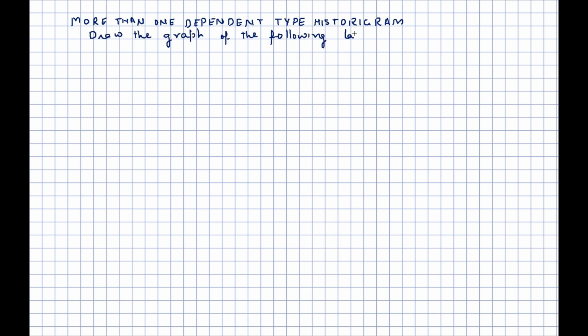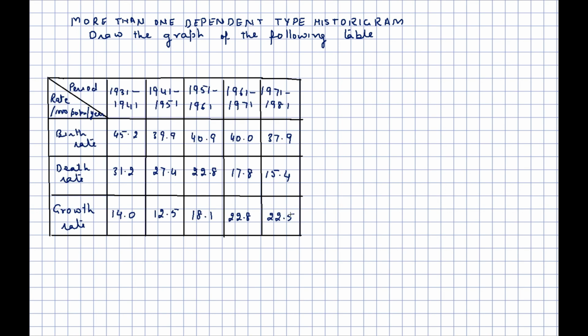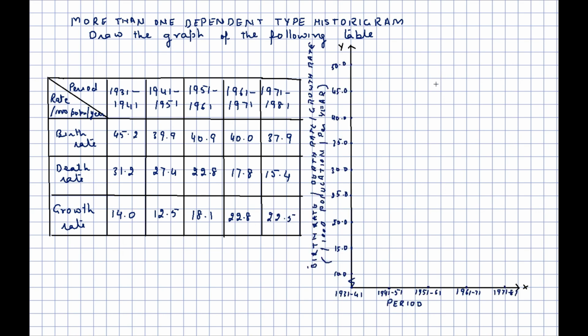Going to a second example, more than one dependent variable type historigram. Draw the graph of the following table. Over here we have more than one dependent variables. That is, we have 3 dependent variables: birth rate, death rate, and growth rate. Now, as by convention, again the period will be represented on x-axis. If we just have a look at the values of the table, we see that the lowest value is 12.5.